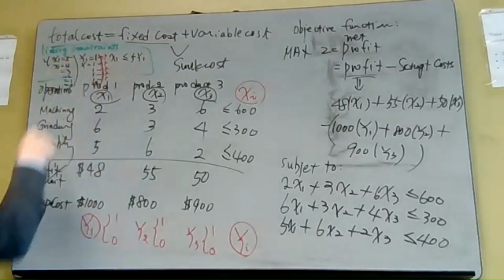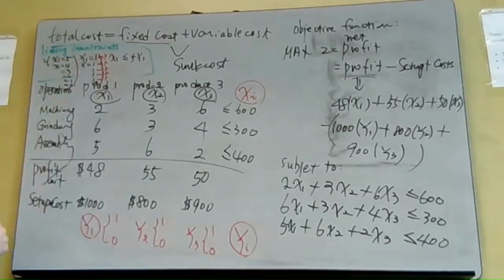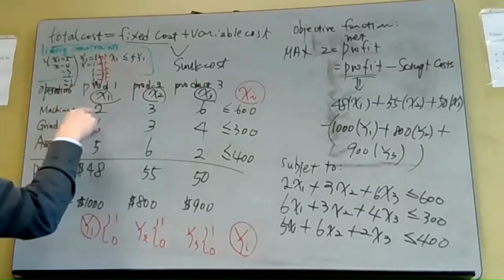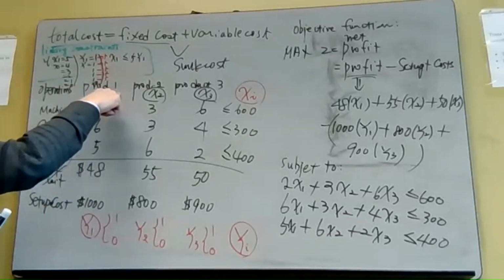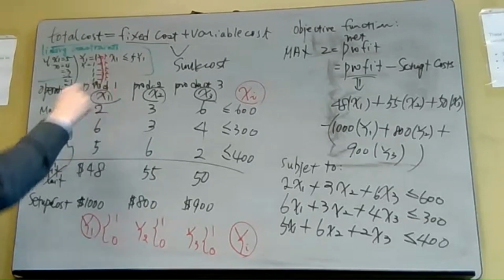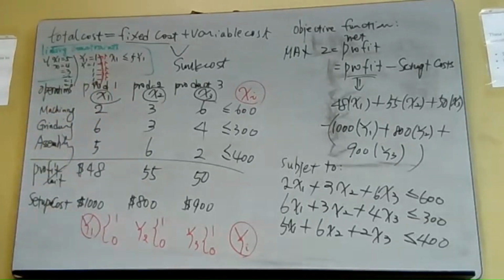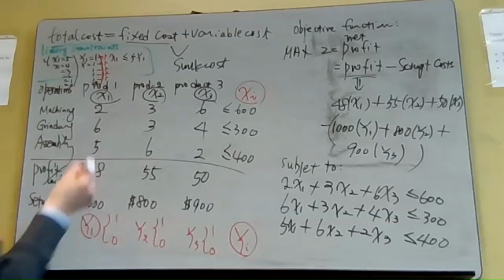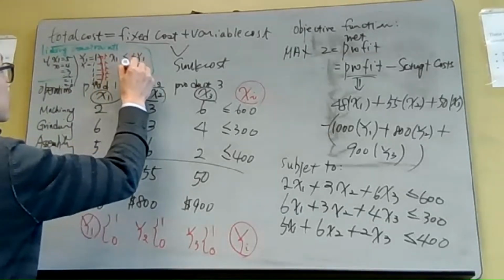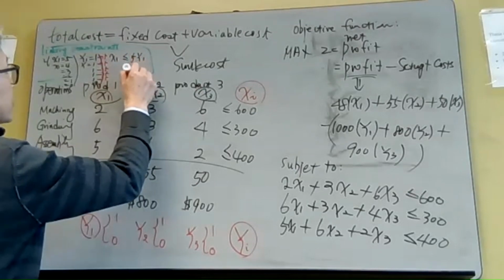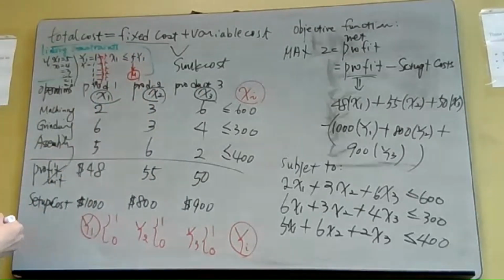Then we just have the example of 5 x1, but it can be 100 if you produce 100 x1. So instead of saying 5, let's say this is large M. So you can say 100, 200, 300.